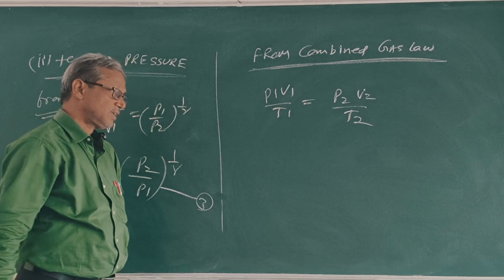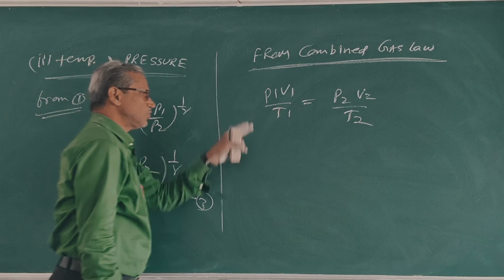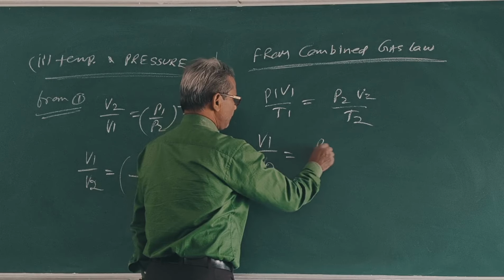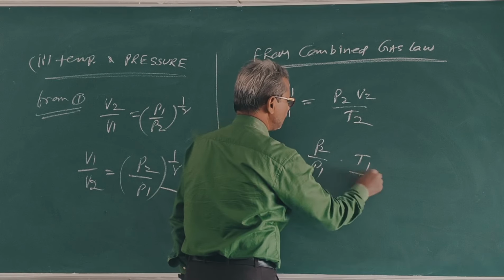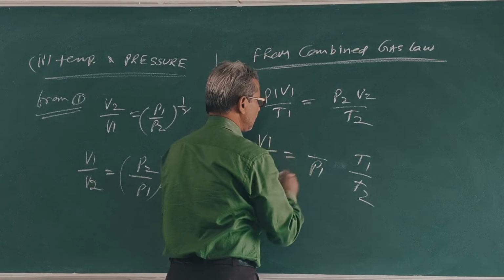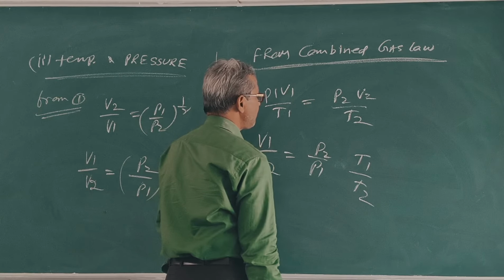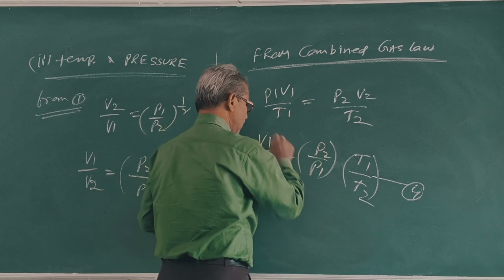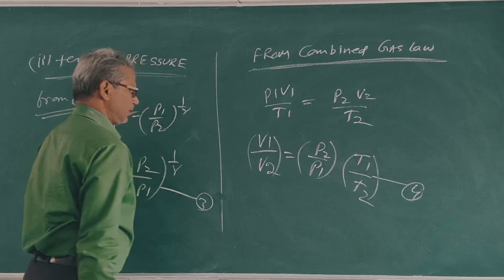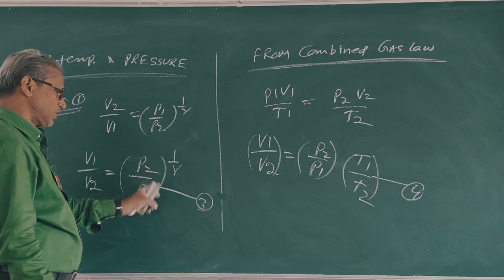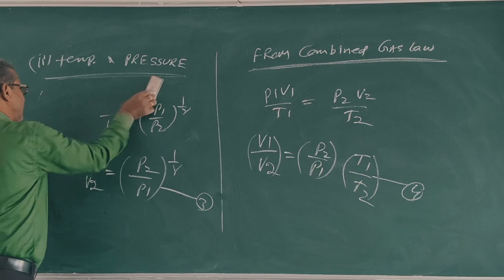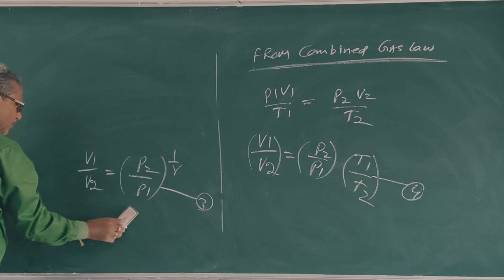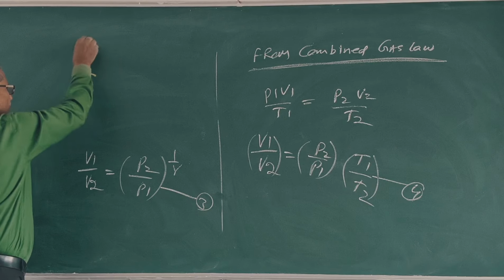To find V1 by V2, this implies V1 by V2 is equal to T1 by P1 into P2 by T2. This is equation 4. Clear? This is V1 by V2, this is V1 by V2. So equate equation 3 and 4. Clear?